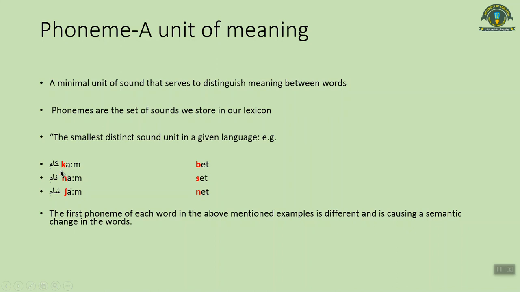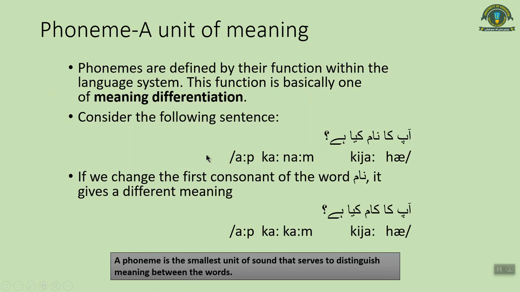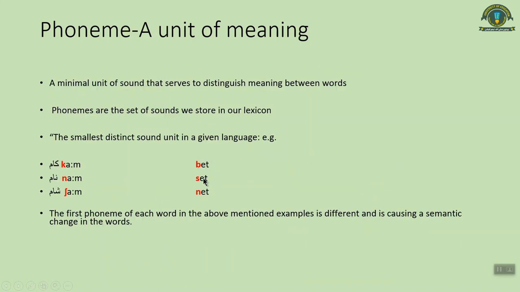The actual word was calm, and when we changed the first sound, it became naam, and then if you are changing the sound again, it will become sham. If we are having the words here again, here we have only changed one sound and it has changed meaning: bet, set, and net. So phoneme is a unit of meaning.